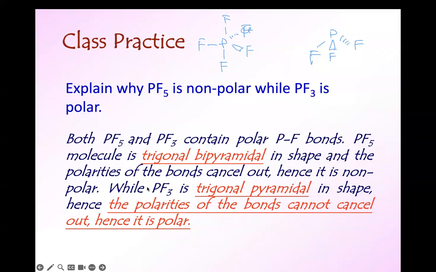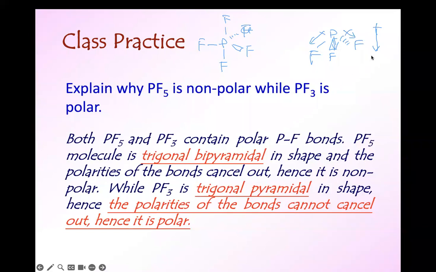The shape affects what? The polarity of bonds, whether they can cancel or not. In PF5, the polarities of the bonds cancel out, while in PF3, the polarities of the bonds cannot cancel out. Hence, it will be drawing the electrons to the bottom. We will have the overall polarity, so the dipole moment is going here.